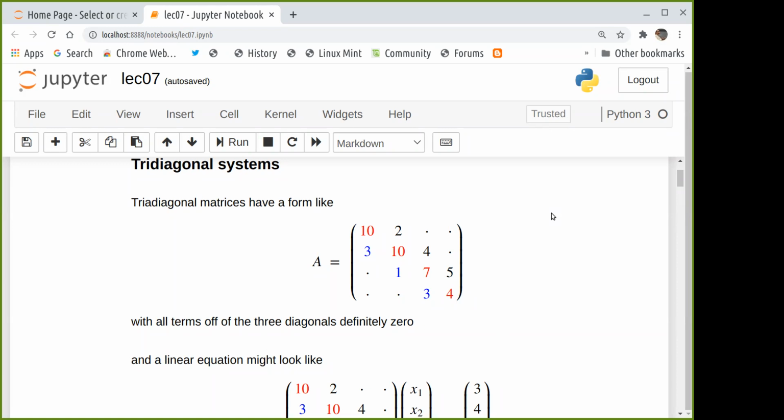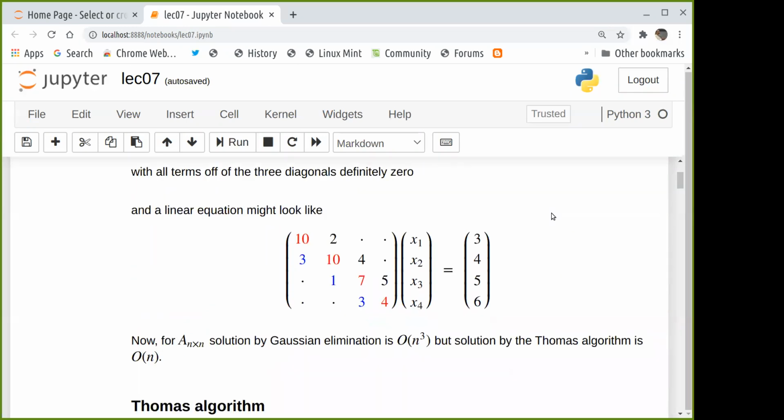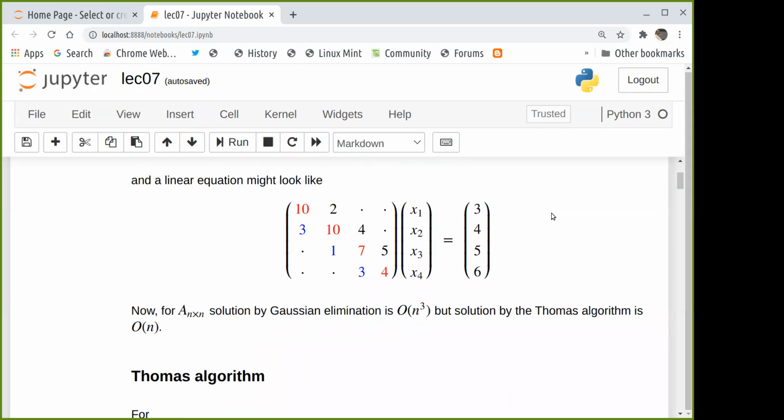Now it's possible that on these three diagonals you have entries which are not zero. All the other entries off of these three diagonals are guaranteed to be zero in a tridiagonal system. So a linear equation that you might want to solve might look like this.